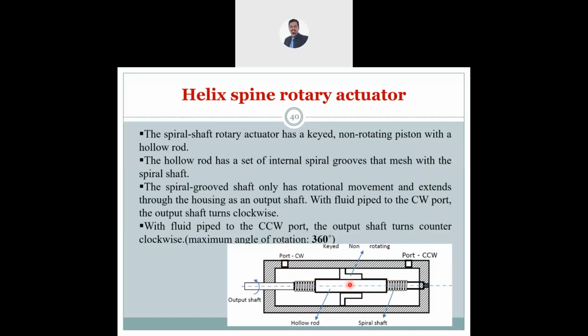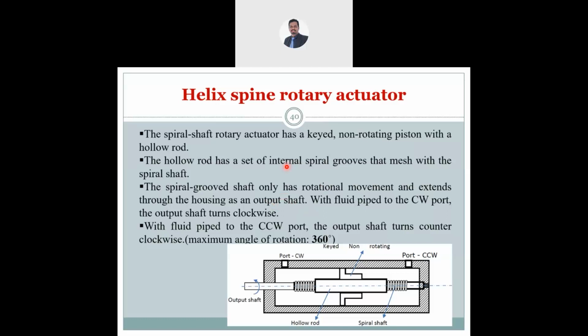So when you supply the air, it will move and it will turn the screw. And this output shaft will turn clockwise, so that is the direction. If you want it to turn counterclockwise, you supply air here, and it will move this side, and it will rotate counterclockwise.